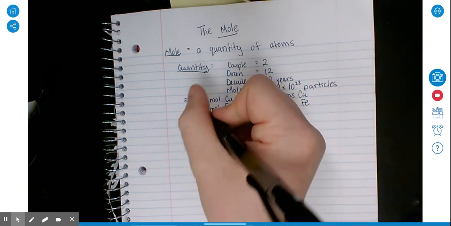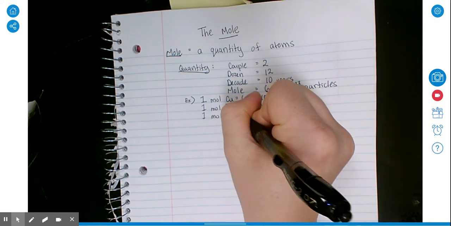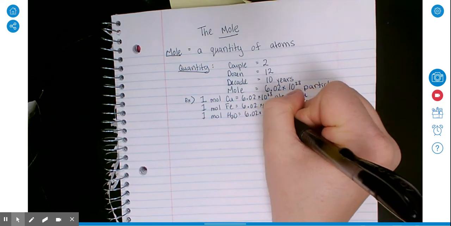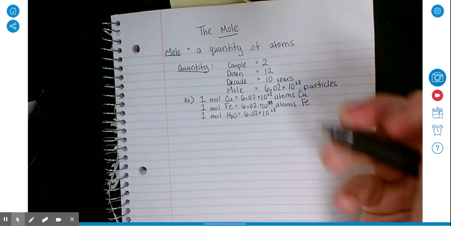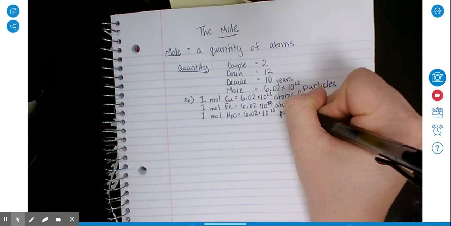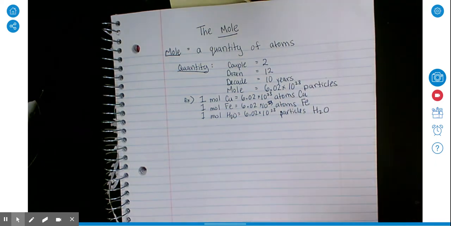If I had 1 mole of water, I would have 6.02 times 10 to the 23rd. Now, water is not an element, so it's not an atom, so we could say particles or molecules of water. So it's just a quantity.